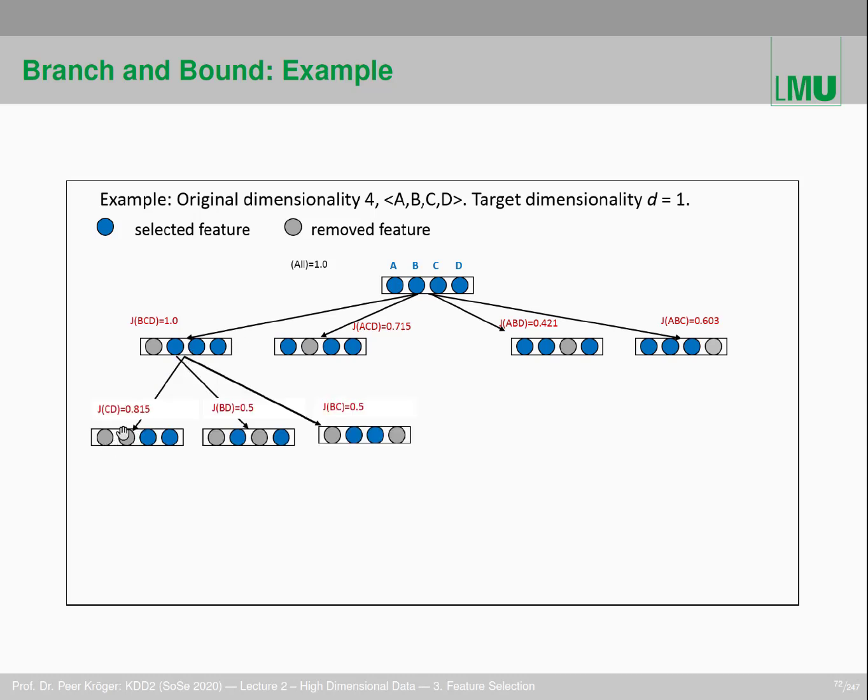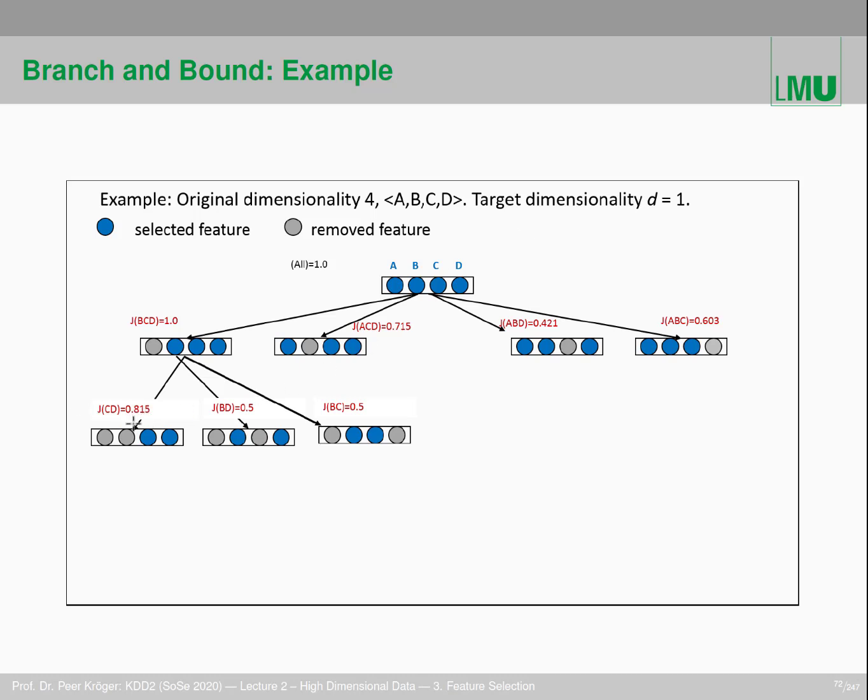So we get the 2-dimensional projections of this one, which have only B, C, D. So we have BD, CD, and BC. And we can again compute the J scores. Since we have not reached our target dimensionality, we continue with the best one here.